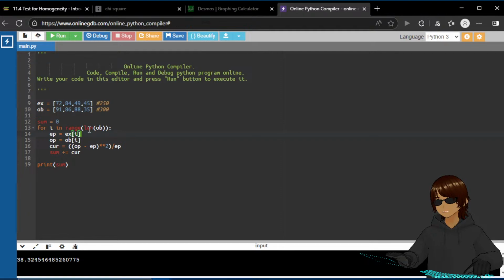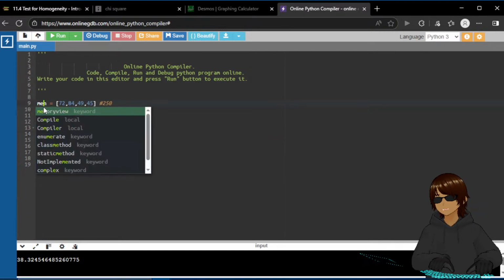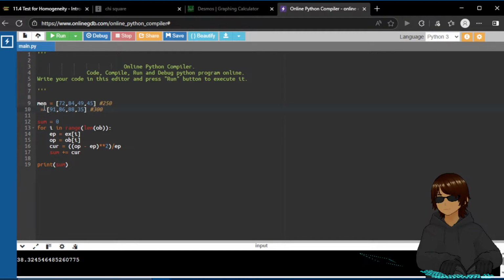So the expected value is 250. Men, women.